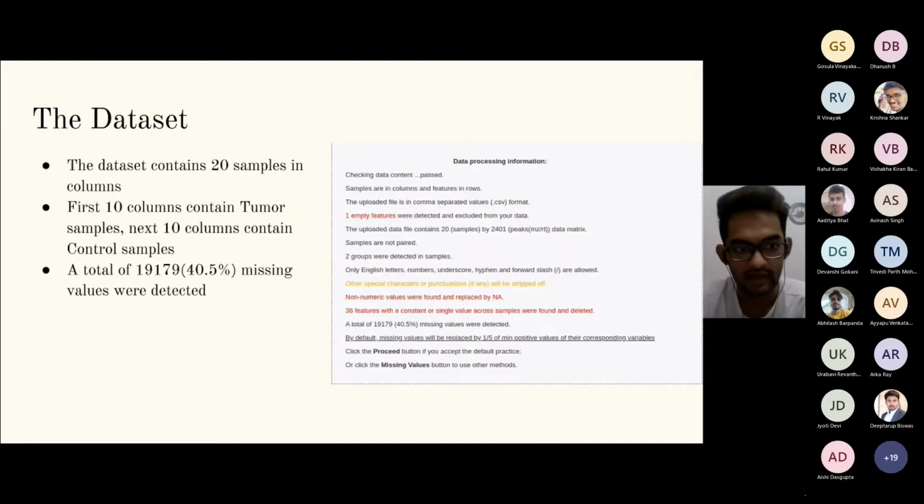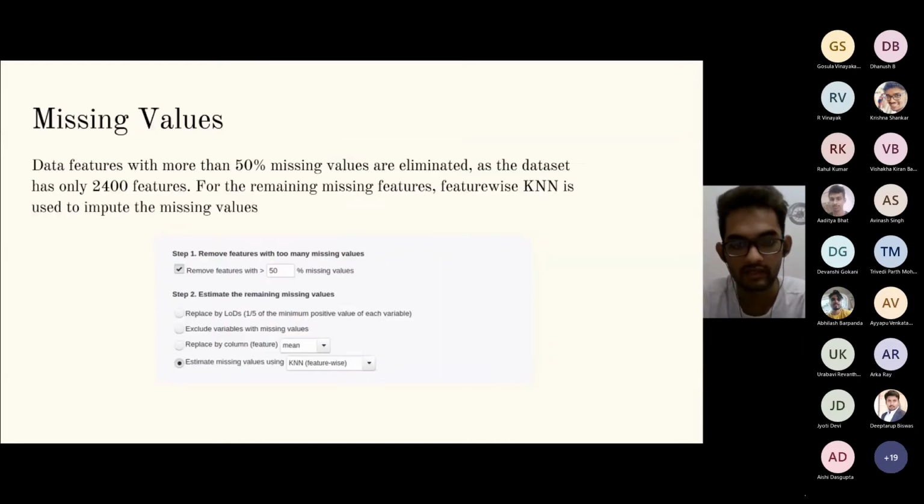The data set I was given has 20 samples in columns; the first 10 columns contain tumor samples, and the next 10 columns contain control samples. A total of 19179 missing values were detected by MetaboAnalyst, so I did missing value imputation.